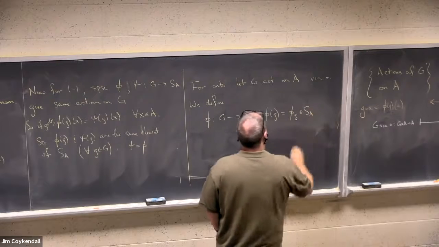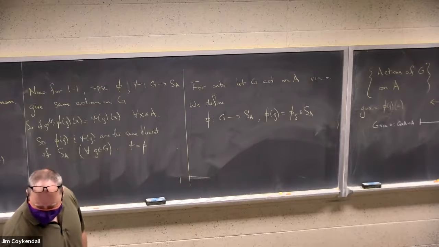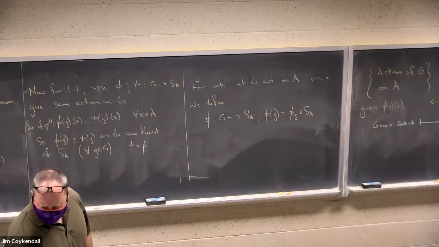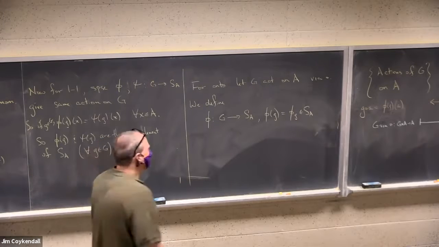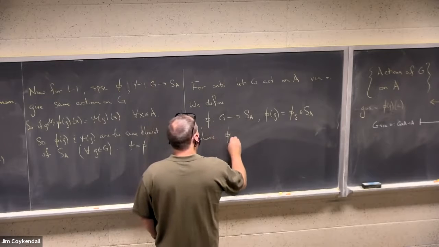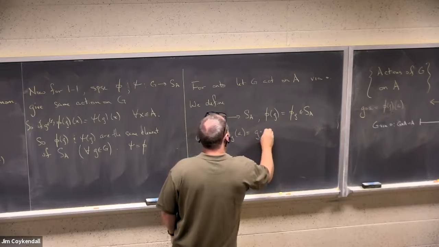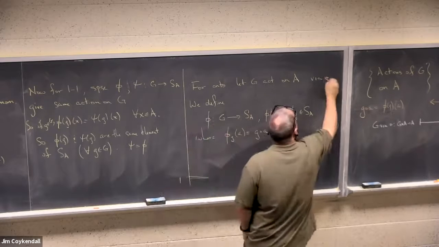so it's just a notational change. Psi of G is phi sub G, and let me tell you what the rule of this is. Phi sub G of A. So here's where we use our action.